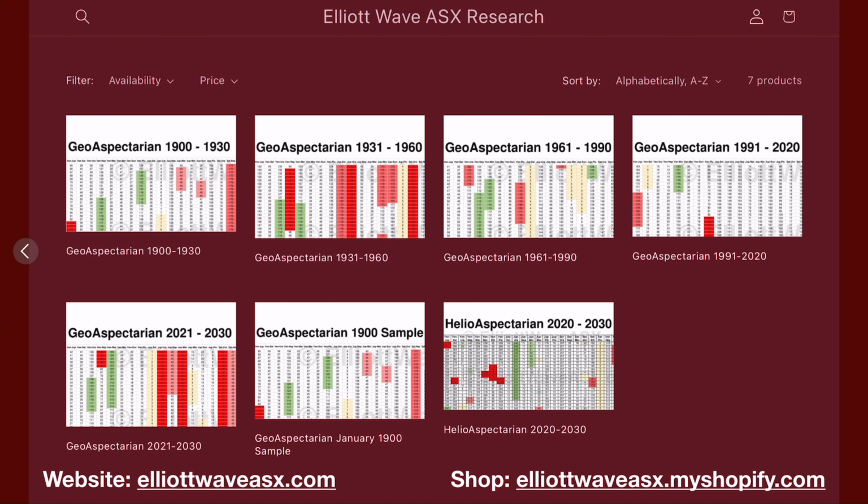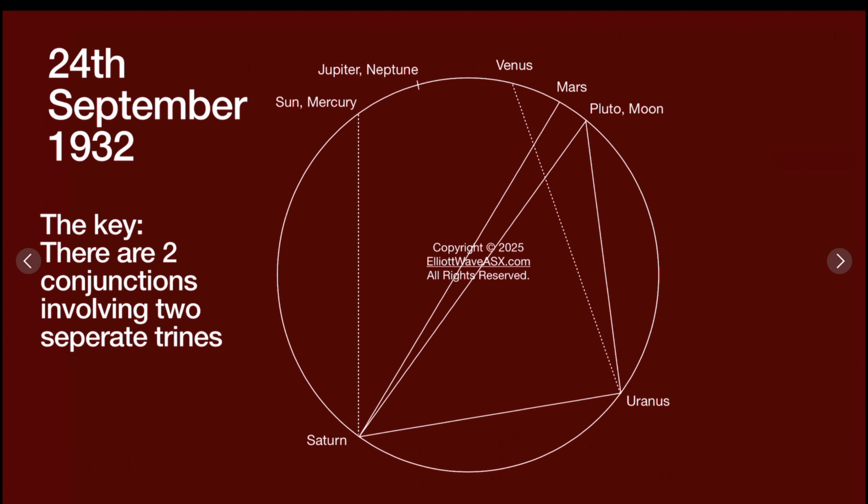If I scroll to the right, we've got Uranus-Pluto squared, Mercury-Sun conjunct. Now, looking at a schematic of those aspects, the key is there are actually two conjunctions involving two separate trines.